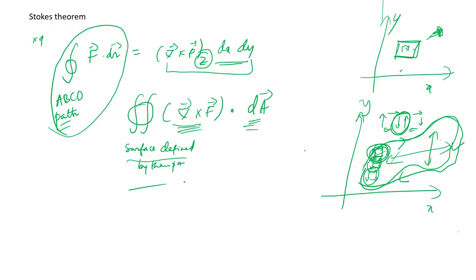So if we want to really write the integral definitions for curl and divergence, we could do that here. Just like how we have seen in terms of Gauss's theorem, we can write the fundamental definition for divergence.